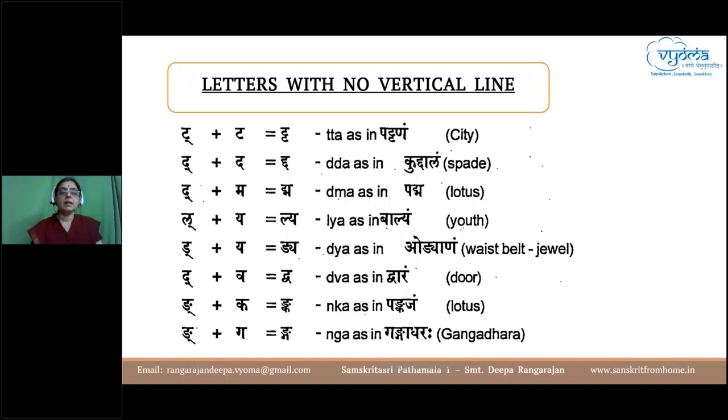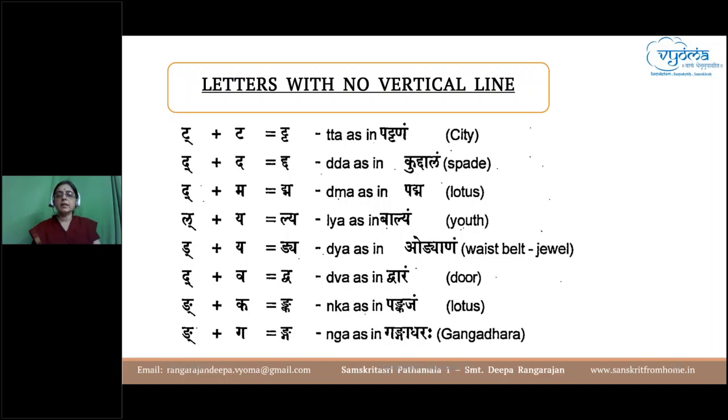When you combine the two takaras, you will not get a mahaprana. You cannot say it as t plus tha. That's not correct. There is no air or breath coming out of the mouth when you combine the two takaras. You just have to stress the takaras a little more in order to show that there are two. Ta, that's all. Pattanam, that's all. Do you get the difference?